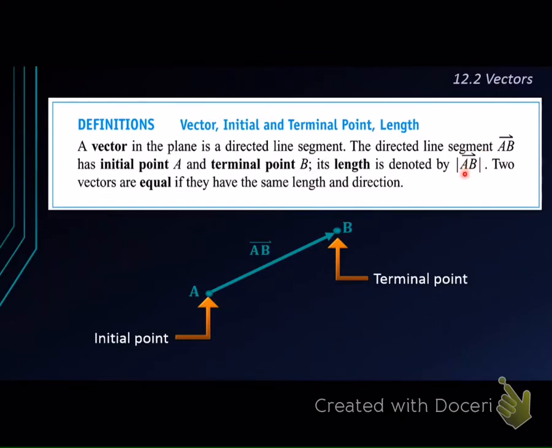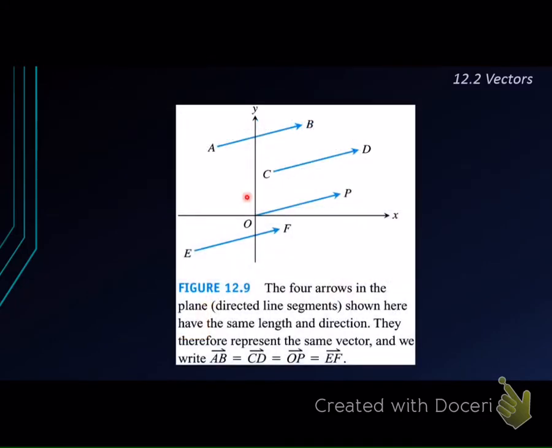After we know what is a vector, here there is another statement saying two vectors are equal if they have the same length and direction. What does it mean? Well, let's take a look at this graph. Let's observe the vector AB and compare with the rest of the vectors CD, OP, and also EF.